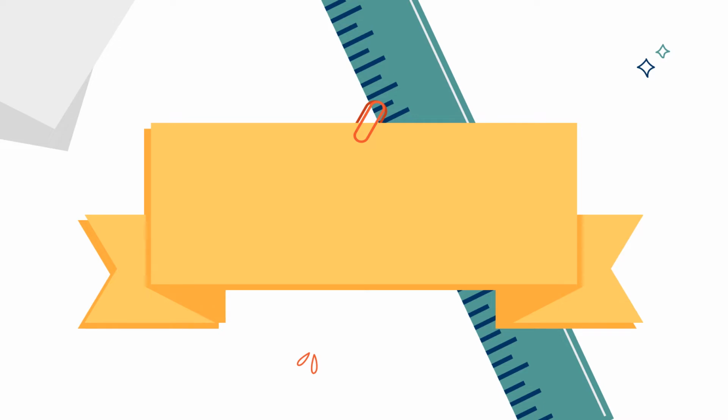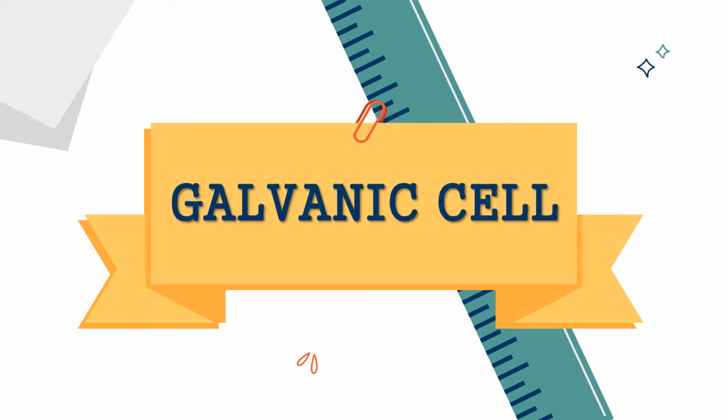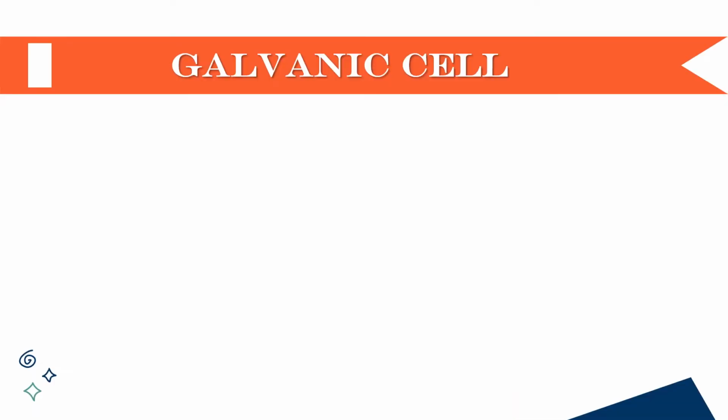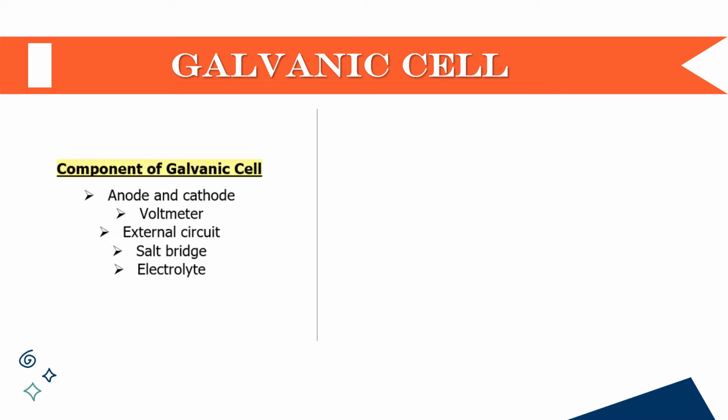Now let's discuss the first type of electrochemical cell, which is the galvanic cell. What are the components of a galvanic cell? First, we have the anode and cathode, the electrodes where the chemical reaction will occur. The second one is the voltmeter. What is the function of a voltmeter in a galvanic cell?